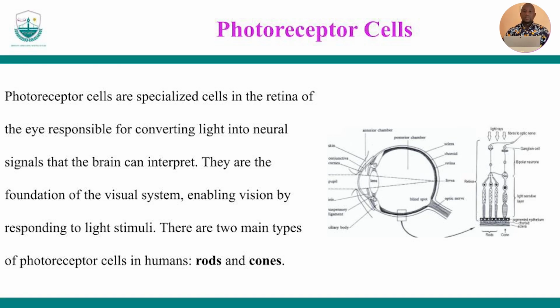And we have two types of photoreceptor cells. Those are the rods and the cones. So along the retina, you have the photoreceptor cells. We have the cones, and then we also have the rods.